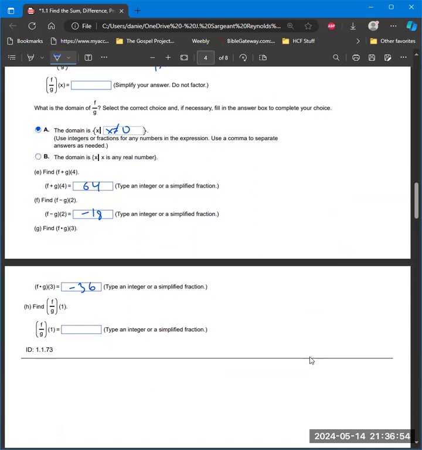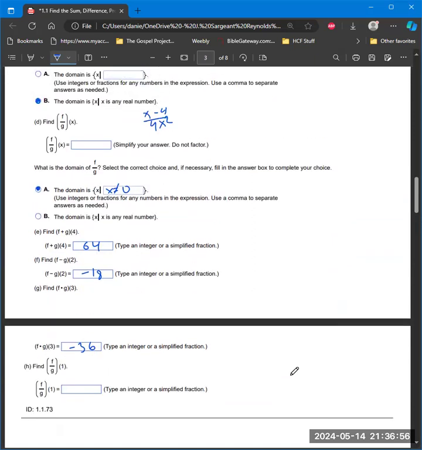And f divided by g of 1 is negative 3/4. Now I know I'm doing that in my head. You're going to want to do that on paper.